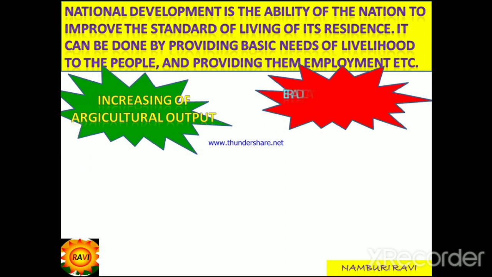The second criterion for the development of a nation is eradication of poverty. We can take the best example of our country. At the time of our independence in 1947, more than 70% of the people were below the poverty line. But after getting independence, our government took many steps for the improvement of the people's living standard and eradication of poverty.